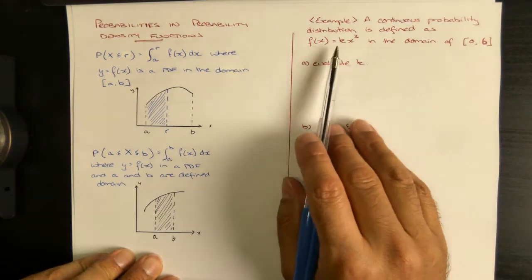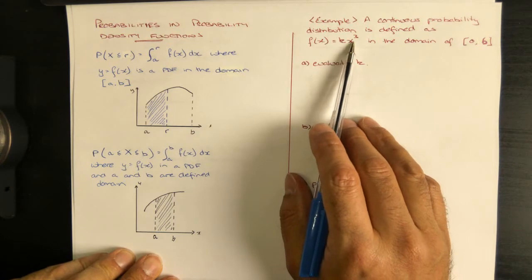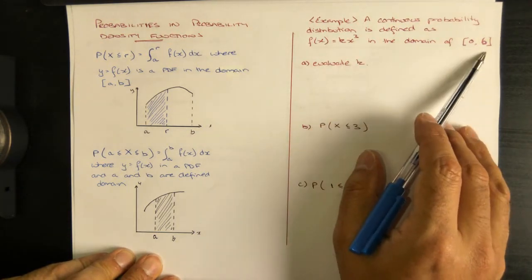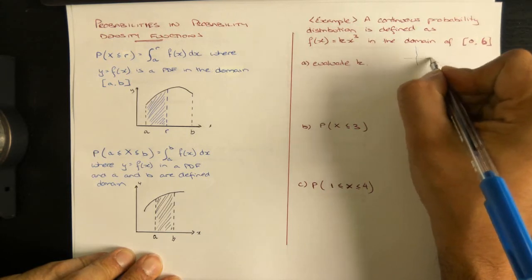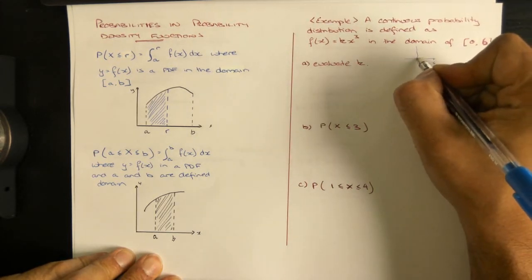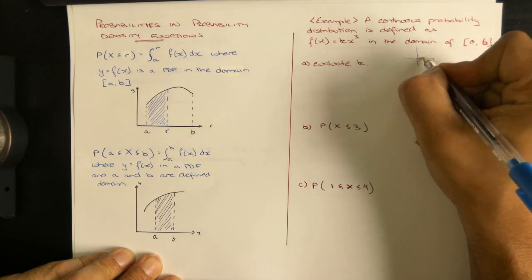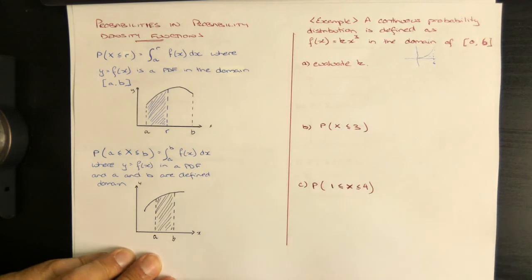A continuous probability distribution is defined as f of x equals kx cubed in the domain from 0 to 6. If we drew a quick sketch, from 0 to 6, we have some curve of x cubed. We're not quite sure what k is, but the area under here has to equal 1.